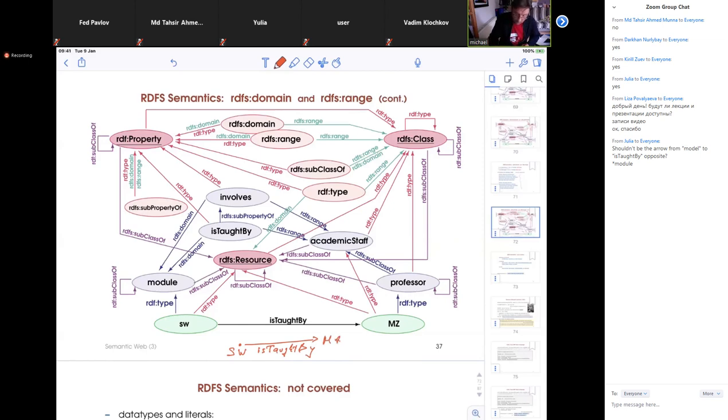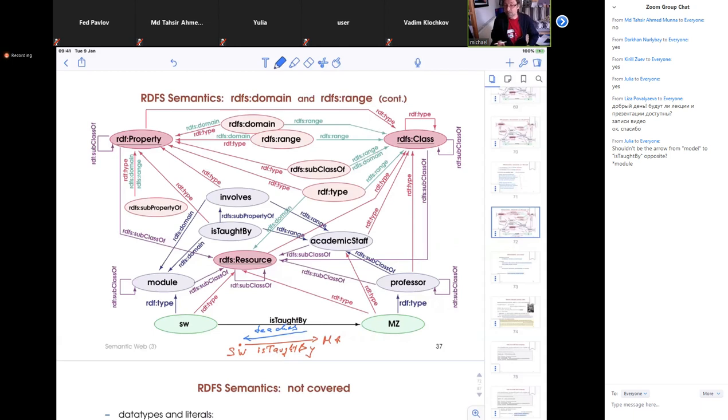If I want to say the other way around, I would say that MZ teaches, so a lecturer teaches a module, is taught by MZ. And so as far as I understand, it is correct here.